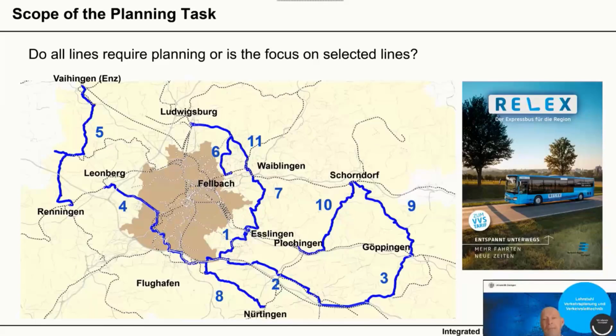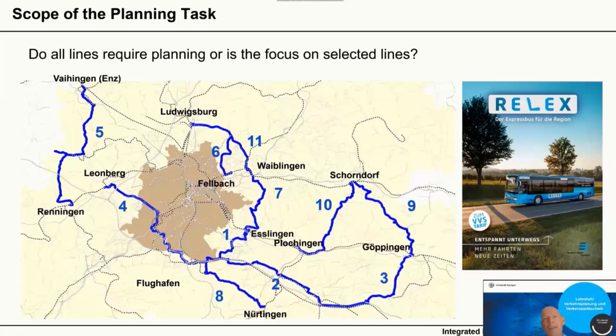Here's an example of a planning we did for the Stuttgart region. You see here in the middle the Stuttgart city, and you see the rail network. And since it's hard to extend the rail network, it would take some time, they thought that they would install express buses.